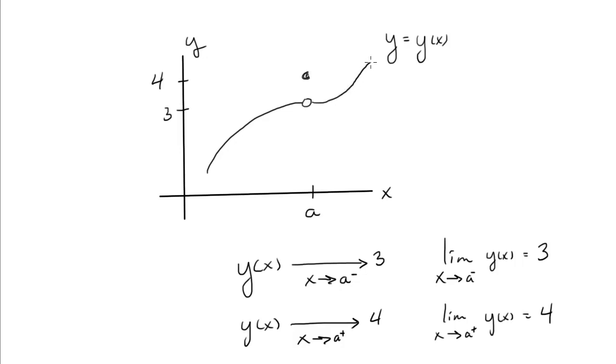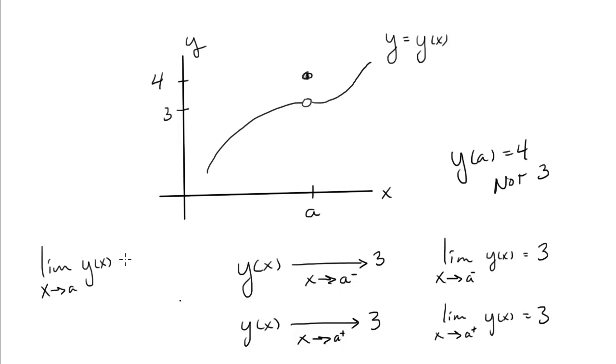So let me change the function to make the limits match. Now the limit exists. But it's not the same as the function value. This is the definition of continuity. If the limit as x goes to a is y of a, it's continuous. Otherwise it's not.